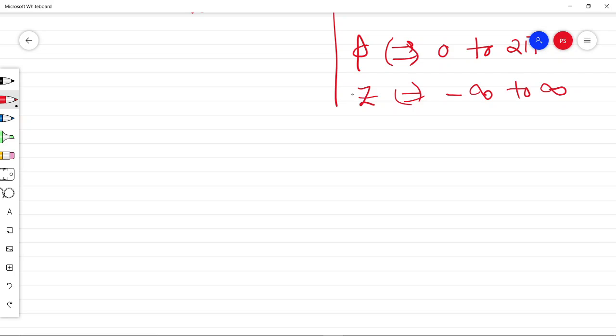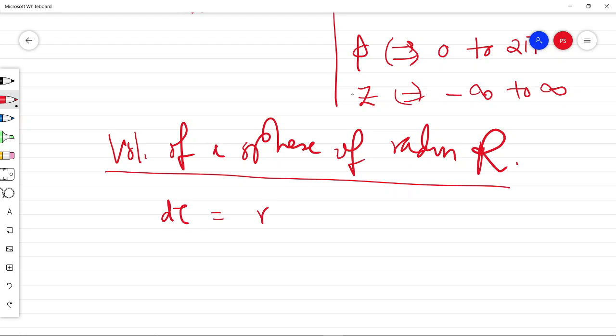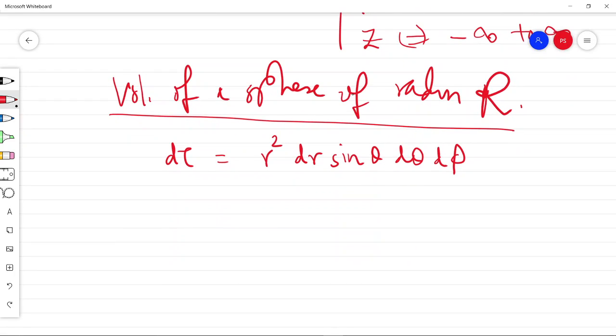Now, as a part of exercise, just try to find out the volume of a sphere of radius r. So since this involves a sphere, we are going to use spherical coordinates. So the volume element d tau is r square dr sine theta d theta d phi, and we can integrate this to get the volume of the sphere.